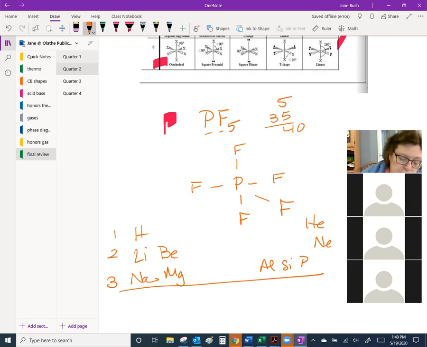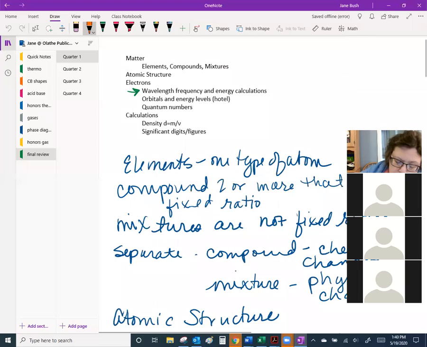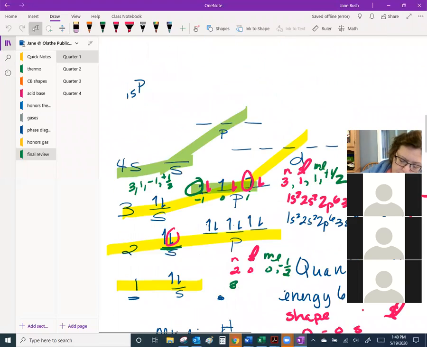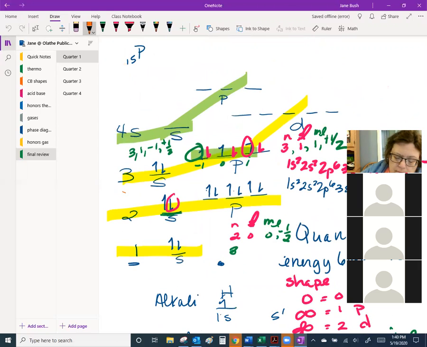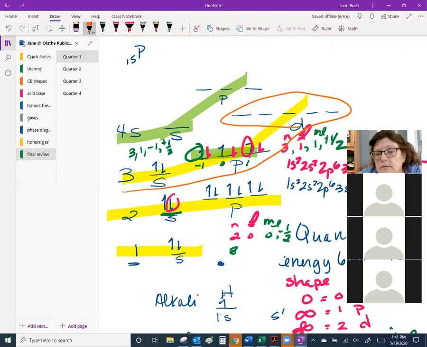Go back to yesterday when we talked about our hotel chart. The third family has d orbitals, doesn't it? They're not filled, but they're available, and that's important. That's why phosphorus and sulfur can have expanded valences past 8.